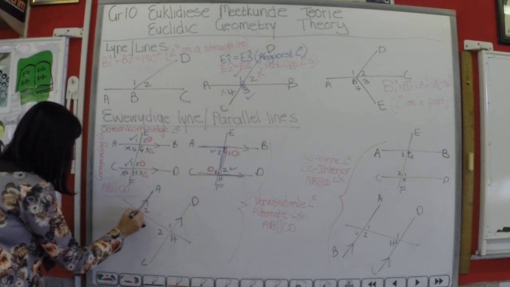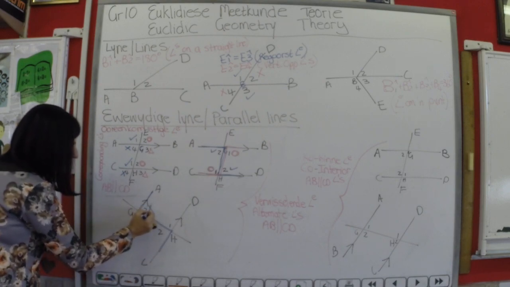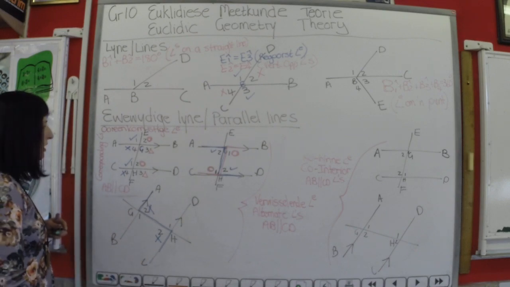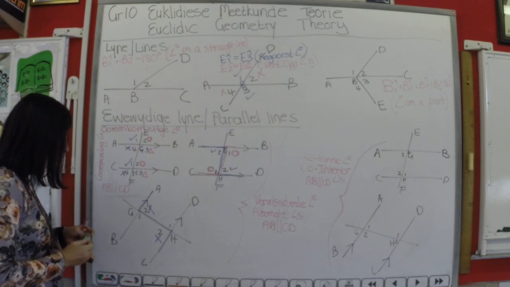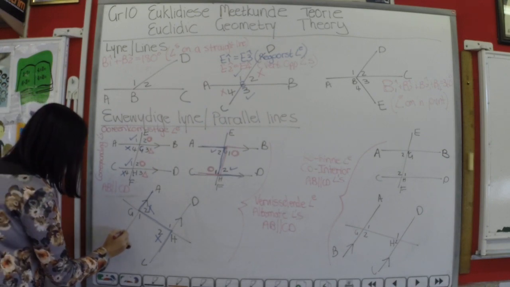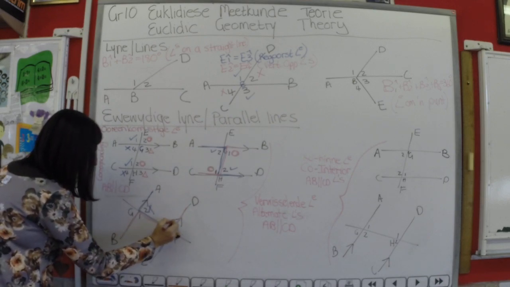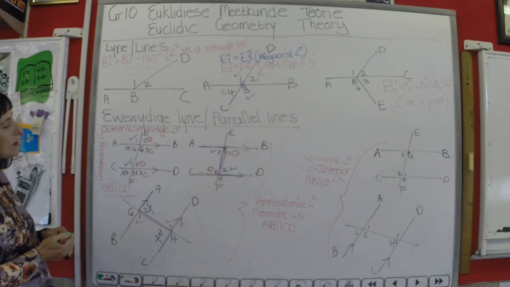So ek kan daar 'n Z gaan inteken, sien julle hom? So G2 is gelyk aan H2, verwisselende hoeke, want AB is ewewydig aan CD. Of teken daai Z so in, dan is H1 gelyk aan G1, ook verwisselende hoeke.